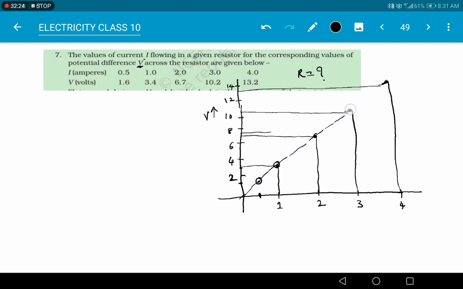So almost all of them give a straight line. To find the resistance, what will we do? We take delta V by delta I between any two points. Any two points will give you the same answer. Suppose I am taking these two points.